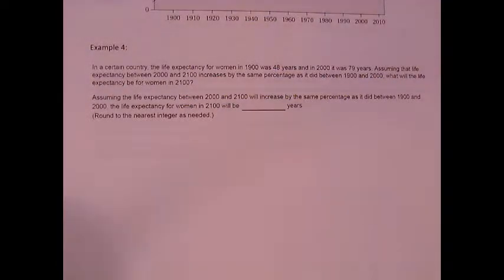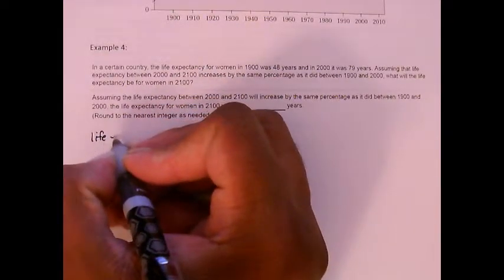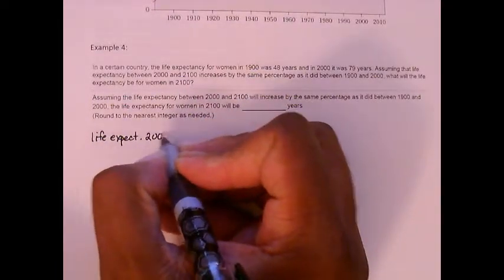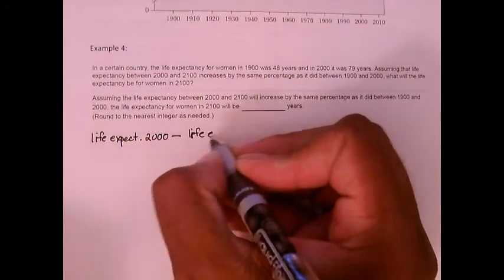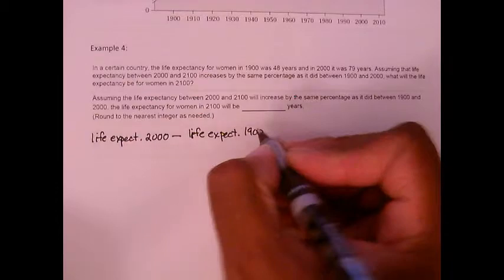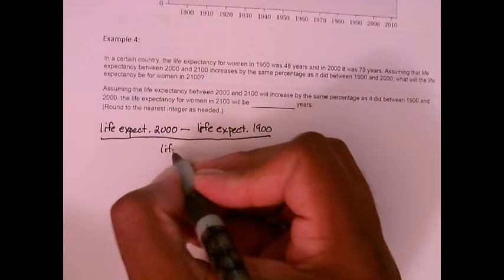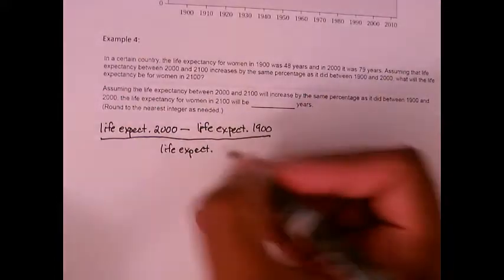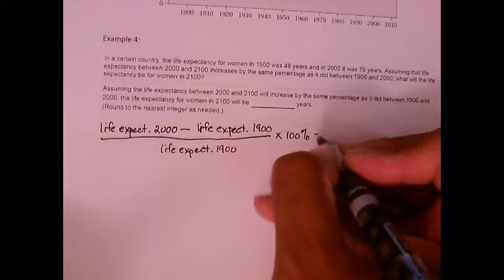Now, the way we're going to do that, we need to take what the life expectancy was in 2000, subtract from it the life expectancy in 1900, divide that by the life expectancy in 1900, and that's going to be multiplied by 100%.